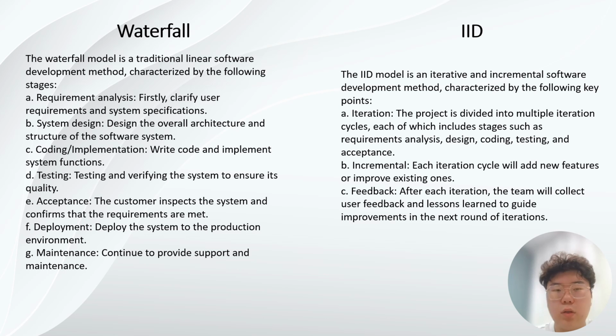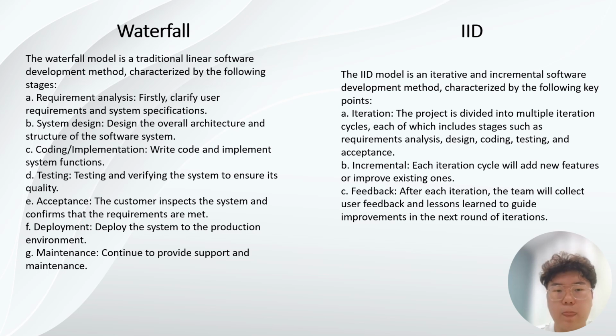Incremental. Each iteration cycle will add new features or improve existing ones. Feedback. After each iteration, the team will collect user feedback and lessons learned to guide improvement in the next round of iterations.